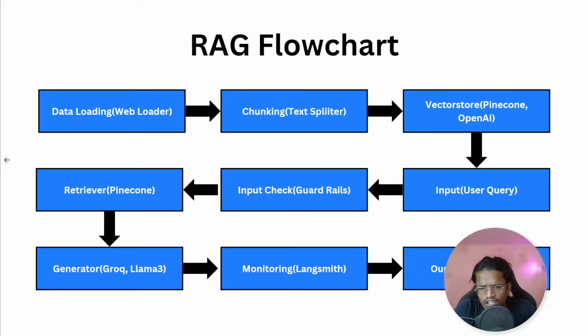But usually in our RAG architecture, this is not something we do directly. Here we'll do an input check with the help of guardrails to make sure that it follows some guidelines. So why do we need these guardrails? It is to make sure that the question falls under the scope of the questions you want to answer. For example, there might be questions which involve some words which should not be there, and then you don't want to answer it.